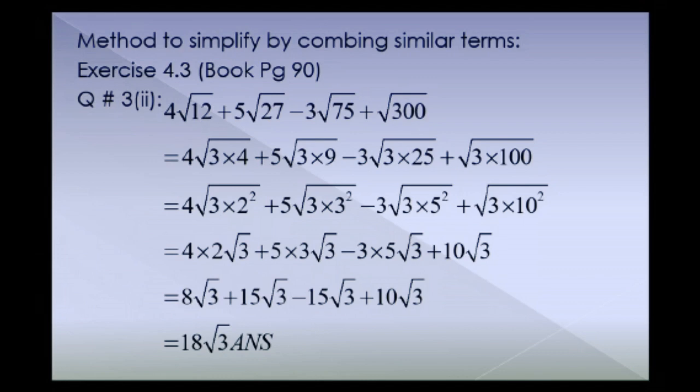Plus 15 under root 3 and minus 15 under root 3 are the same terms with different signs, so they will cancel. The leftover 8 under root 3 is a positive term, and 10 under root 3 is also a positive term. So we will add them and you will get 18 under root 3. This is the final answer. This question will be clear to you, students.